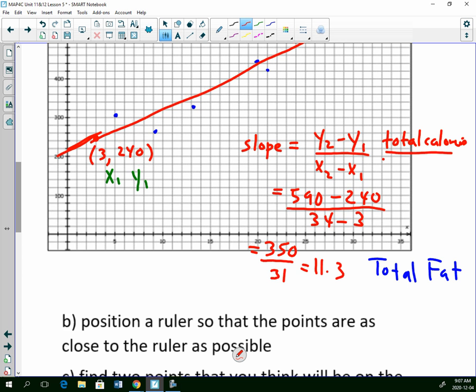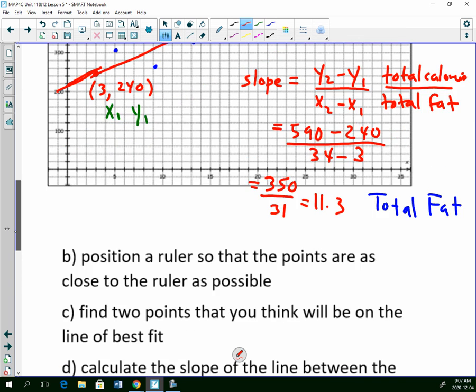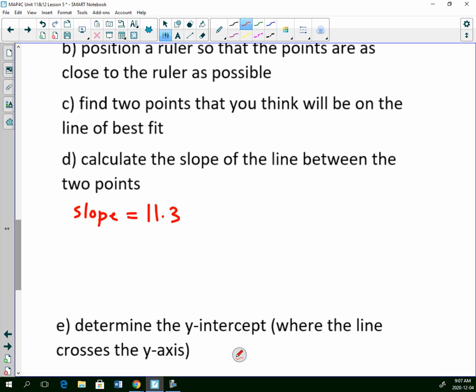And the x is total fat. So what this 11.3 means is that it's total calories measured to fat grams. So there are approximately 11.3 calories for every fat gram in that fast food item. That's what that means, okay?